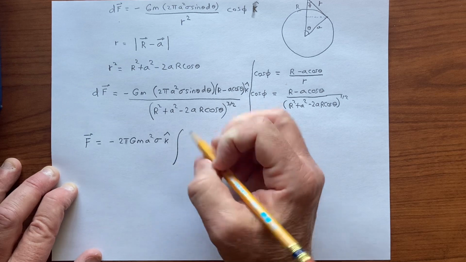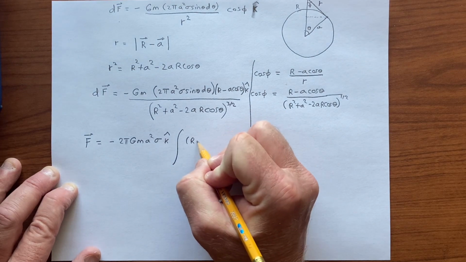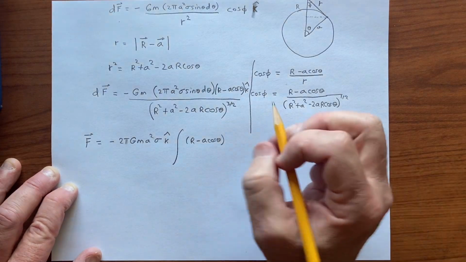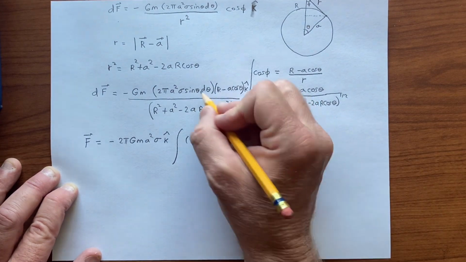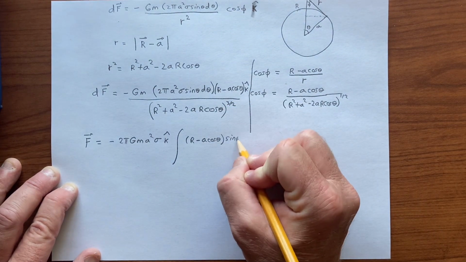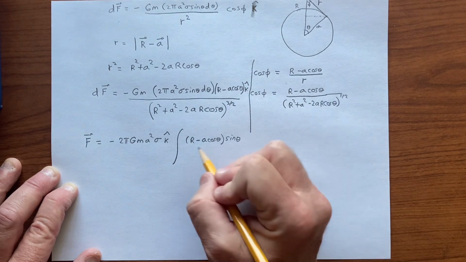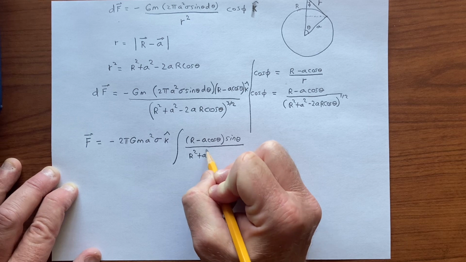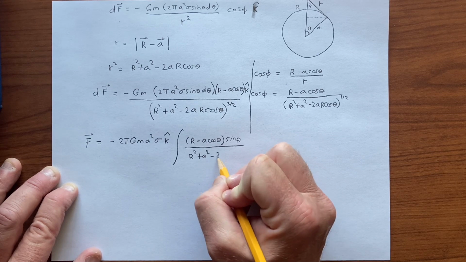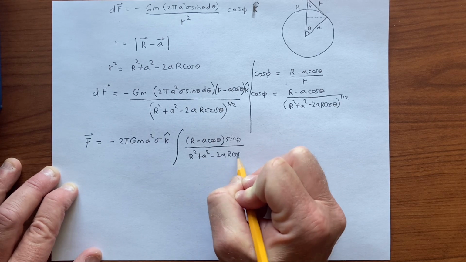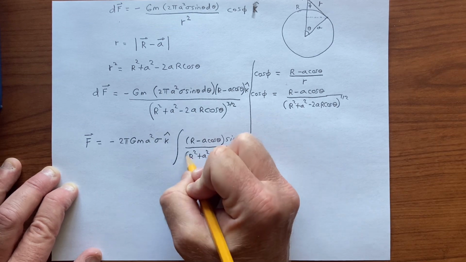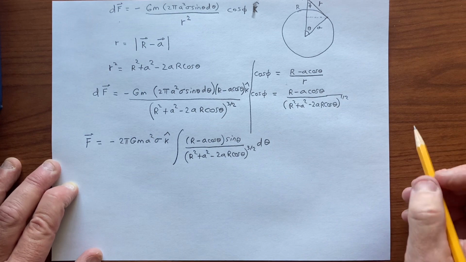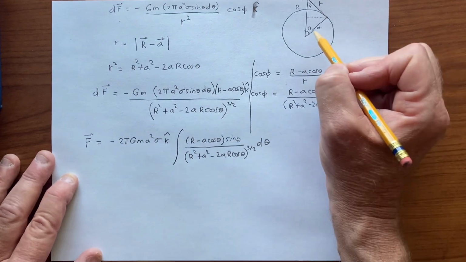We're integrating R minus a cosine theta, sine theta over R squared plus a squared minus 2aR cosine theta to the 3/2 in d theta, and we're going from theta, right?